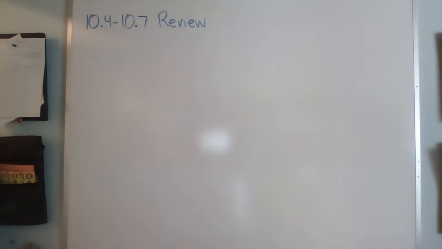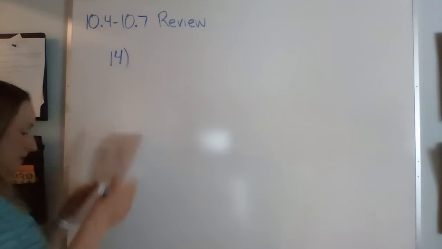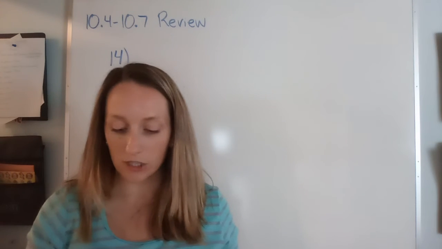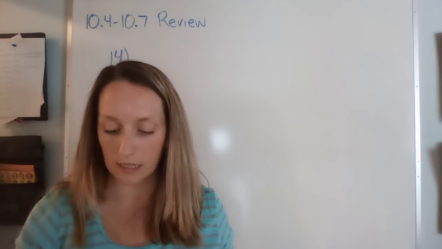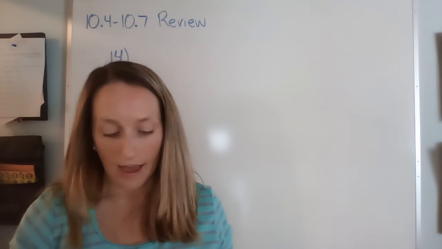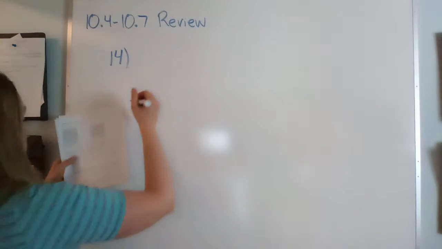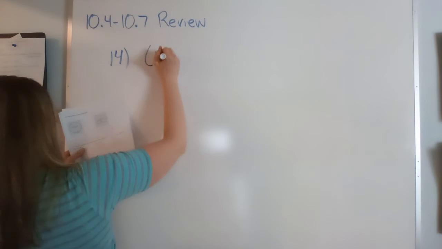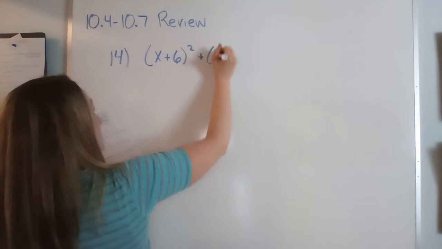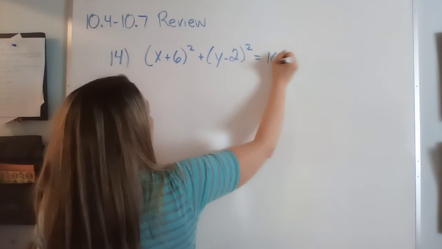So number 14 says, what are the x and y intercepts of the line tangent to the circle x plus 6 squared plus y minus 2 squared equals 100 at the point 2, -4? Okay, so you're given the equation x plus 6 squared plus y minus 2 squared equal to 100.